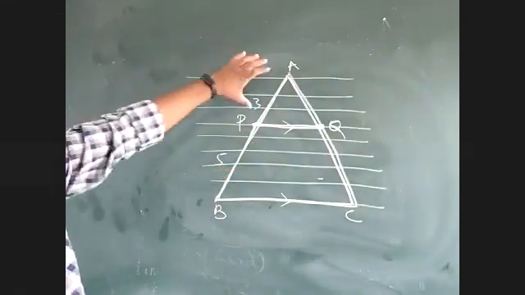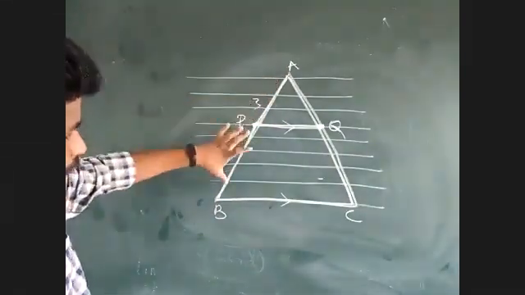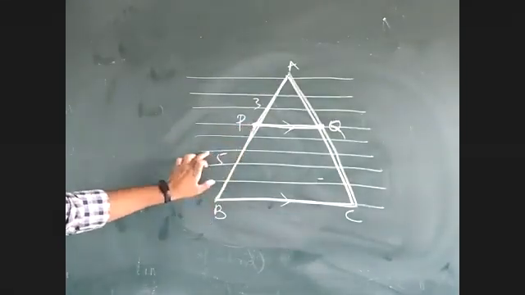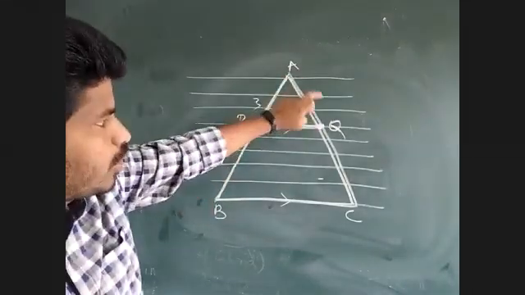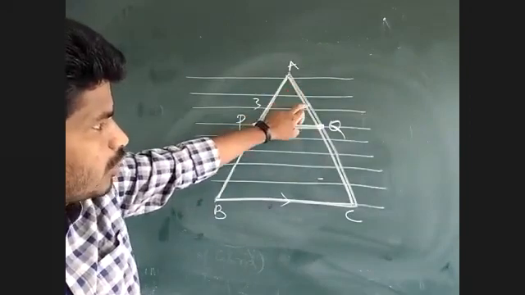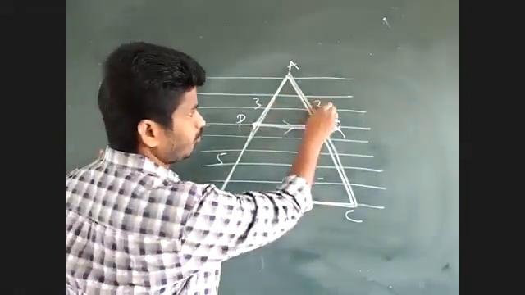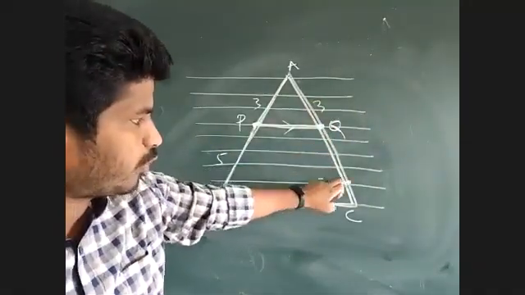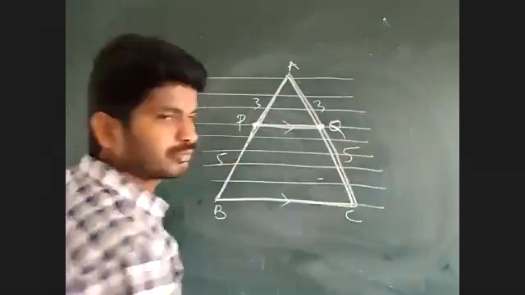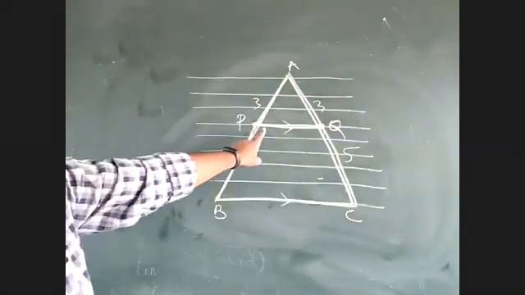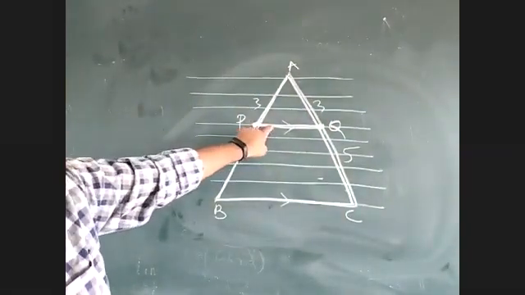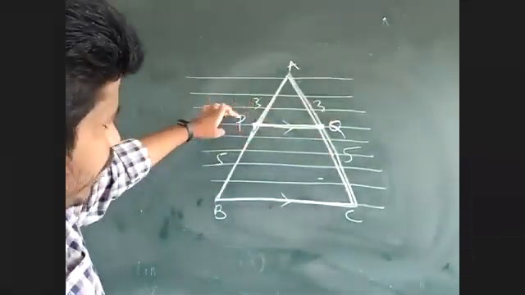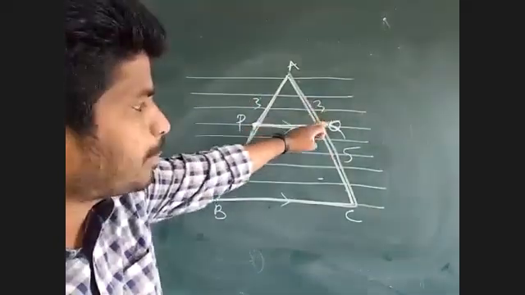So AP equals 3 units and PB equals how many units? 1, 2, 3, 4, 5. Five. Coming to AQ, how many units are there? 1, 2, 3. Similarly, QC equals how many units? 1, 2, 3, 4, 5. Now, PQ divides AB and AC in the ratio 3 by 5, 3 by 5.